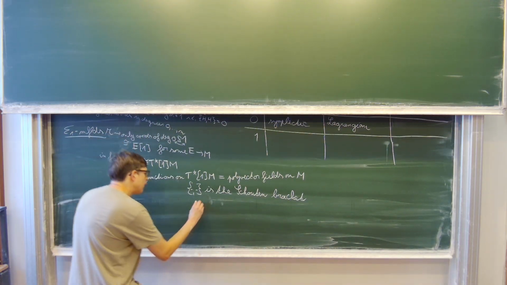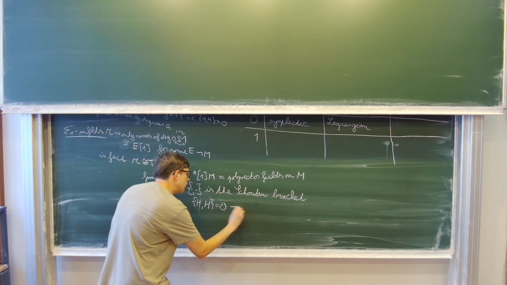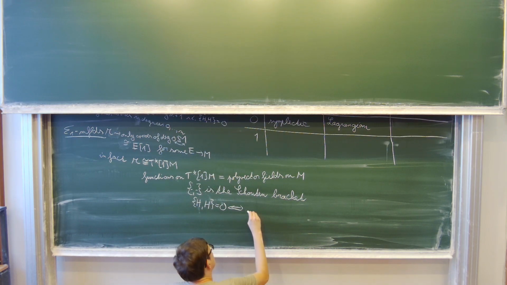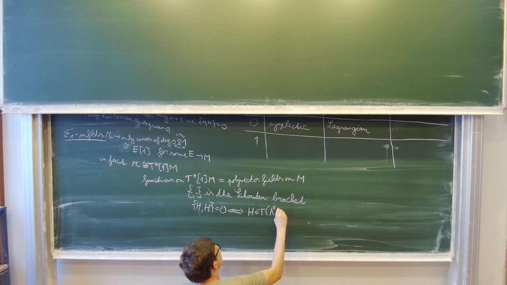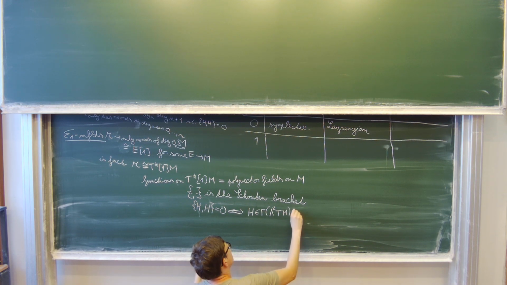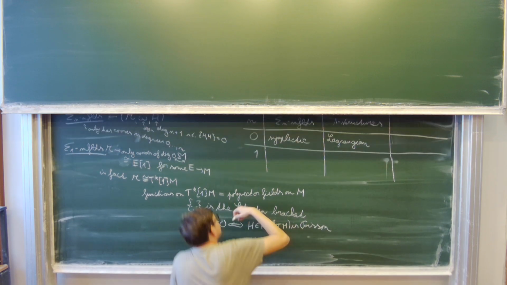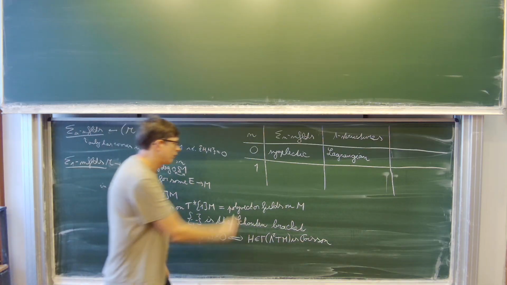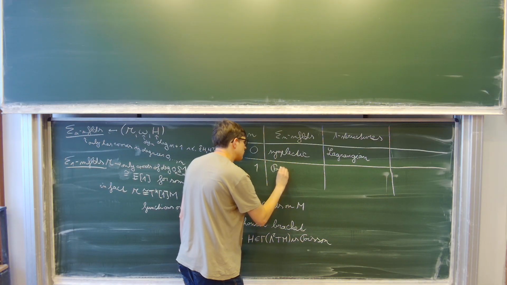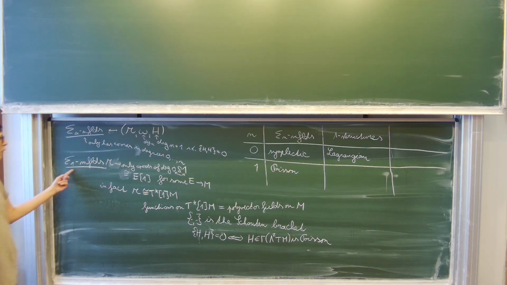So H in wedge 2 TM is Poisson. There's a one-to-one correspondence between sigma 1 manifolds and Poisson manifolds.